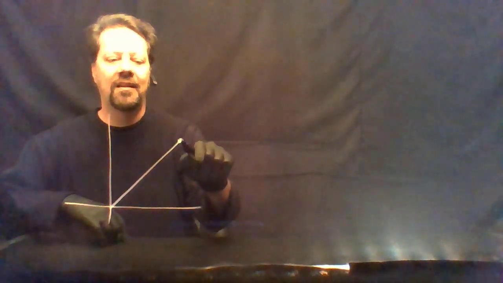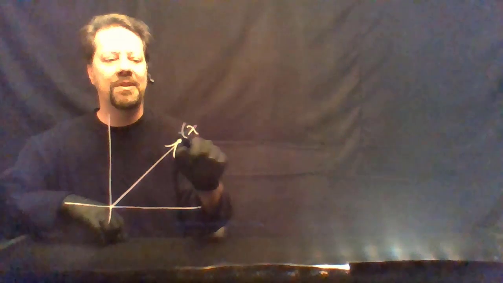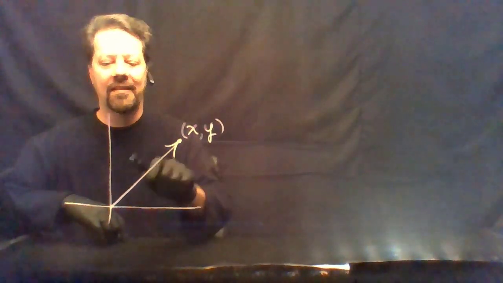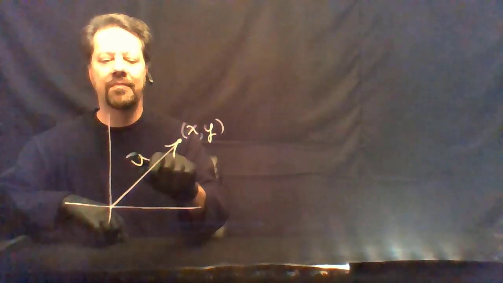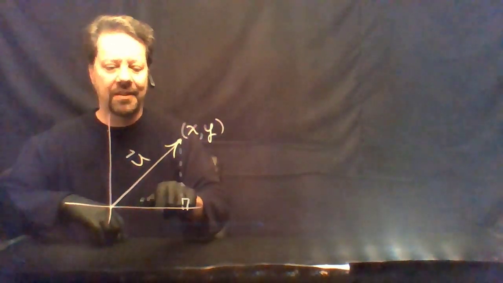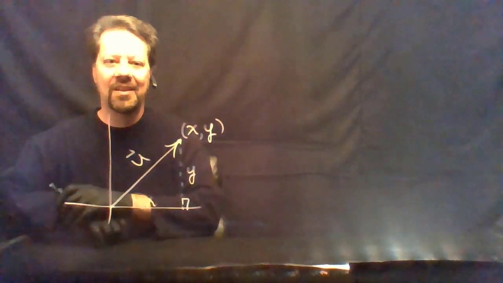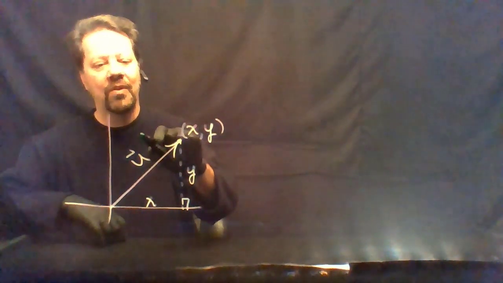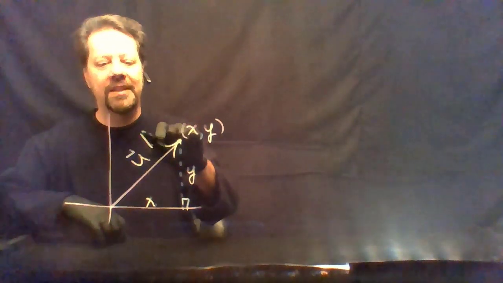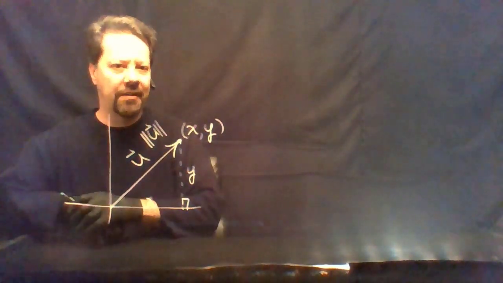Now we're going to define a notion that gives you the length of a vector. Suppose the tip is at the point (x, y) for some vector u. Drawing an altitude here, we get x and y. Now the length of the vector is going to be denoted by something called the norm of u.